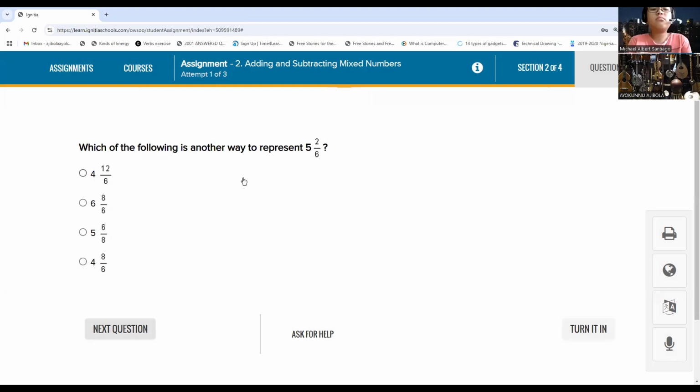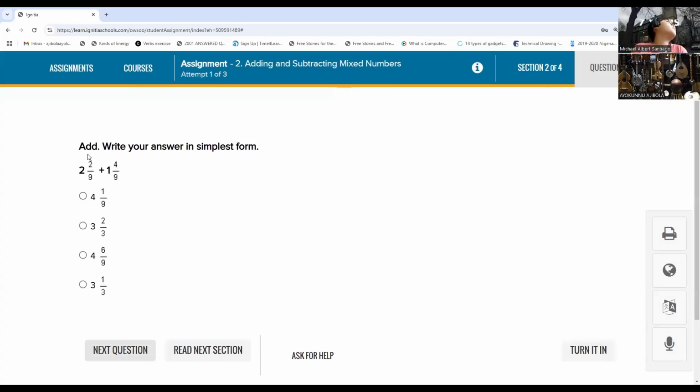That'll be 4 whole number, 8/6. In simplest form, 2 plus 1, 3. 2 plus 4, 6. 6/9 is 2/3. So that'll be 3, 2/3.